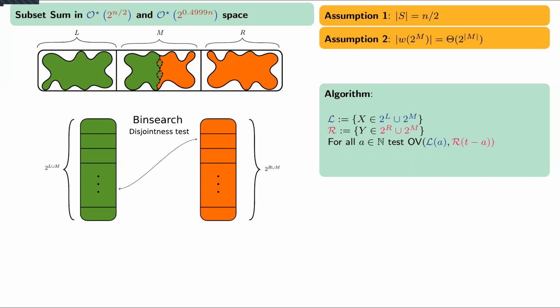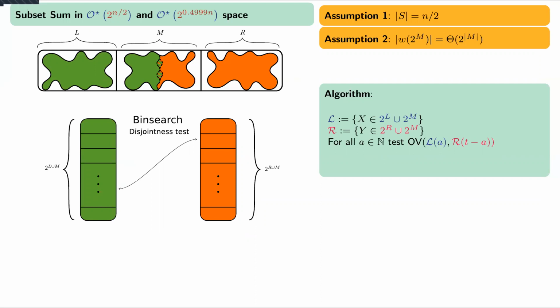Then we would like to do again this binary search procedure, but it doesn't work right away. We need to add this disjointness test, because the solutions in this calligraphic L and in this calligraphic R may have some elements that are intersecting.